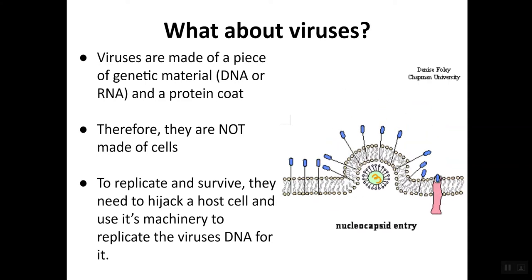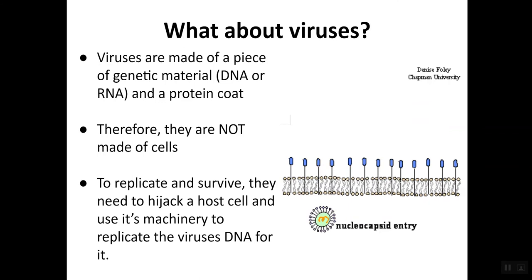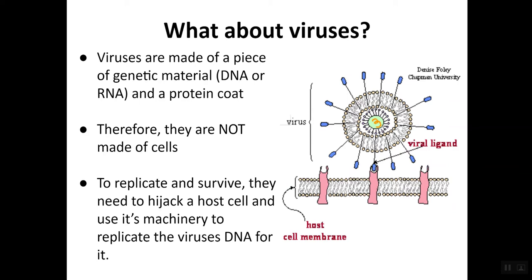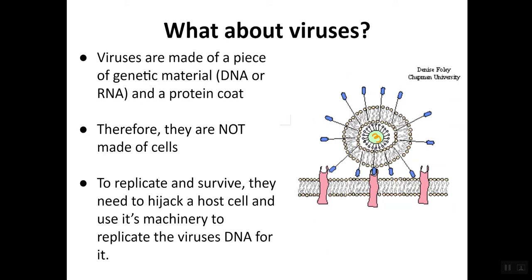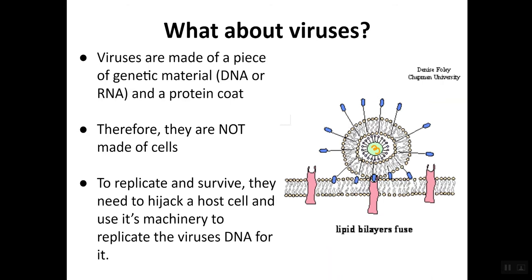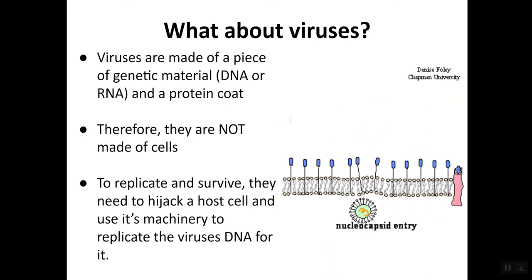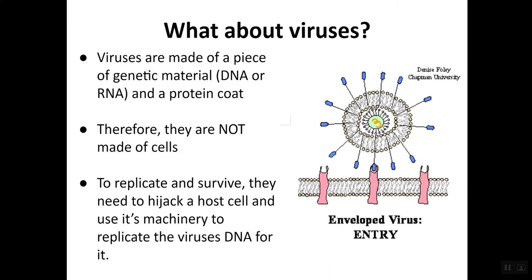So they are not actually made of cells. There's actually a big debate in science on whether viruses are actually alive or not, because they don't meet that criterion, this first concept of cell theory, that in order to be a living thing, you need to be made of cells.